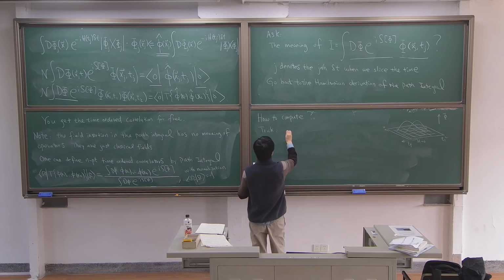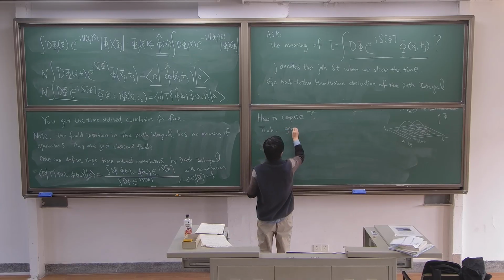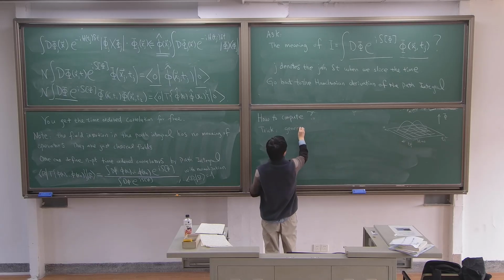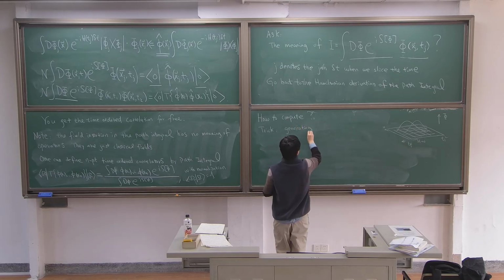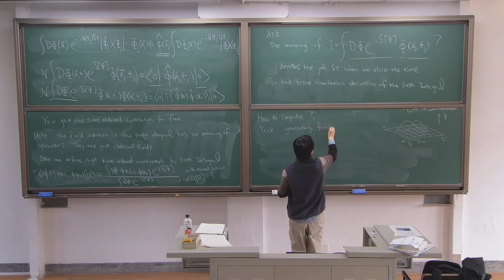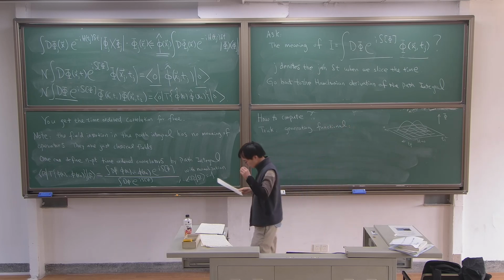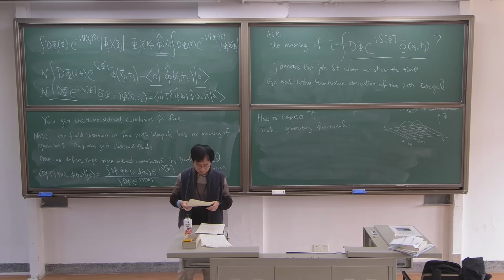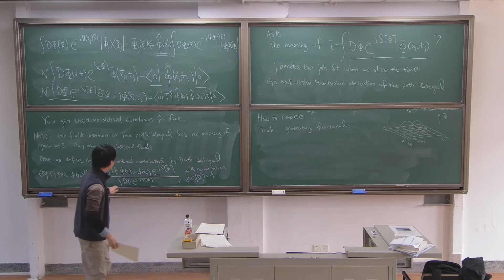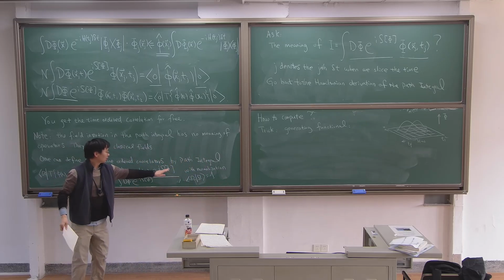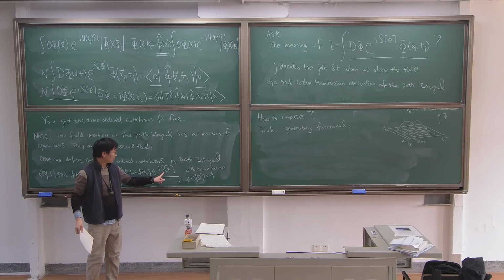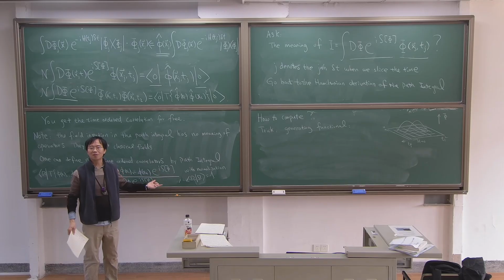We develop some trick. This trick is the so-called generating function trick. So what do we mean by generating function? It means that in order to calculate this kind of object, we first deform this action a little bit by introducing some source term.